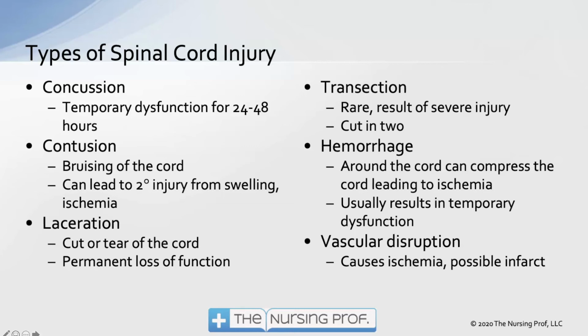But we're seeing a resolution of the dysfunction over a period of time. A contusion, that's a bruising of the cord, and that can lead to permanent injury as a result of swelling and ischemia of the cord. Hopefully it won't. Hopefully we can keep the swelling down in that area, keep it immobilized until the point in time where the swelling goes down and we don't get the ischemia part.